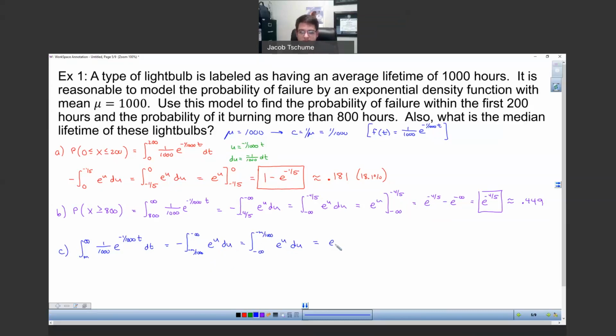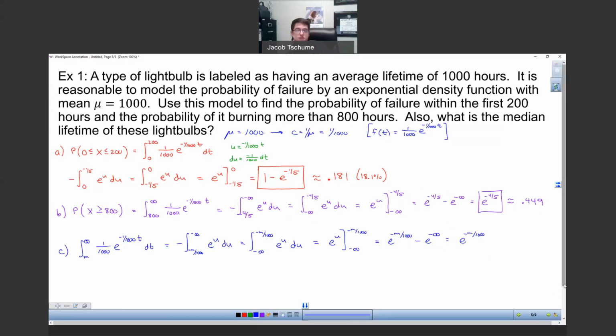Integrate that, so this is e to the u evaluated from negative infinity to negative m over 1,000. All right, so when I plug my upper parameter in, you get e to the negative m over 1,000 minus e to the negative infinity, which we already saw is 0. So you get e to the negative m over 1,000.